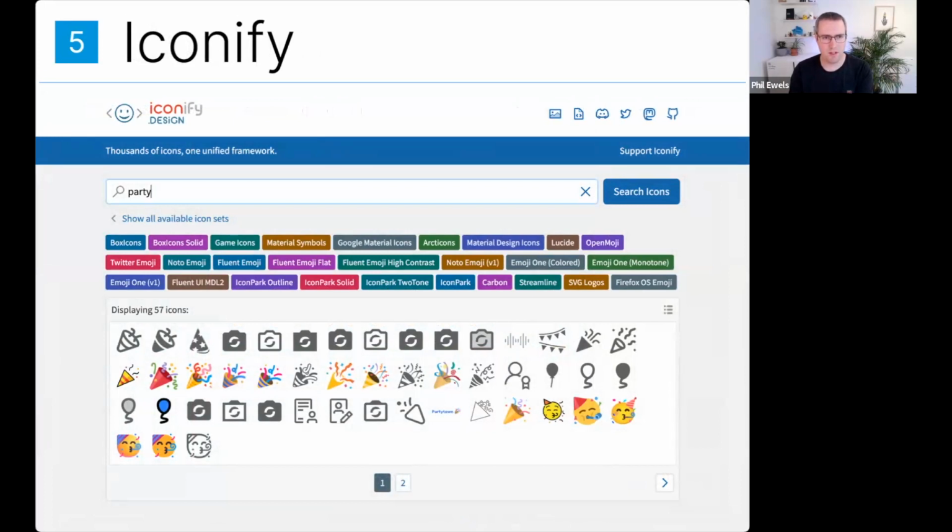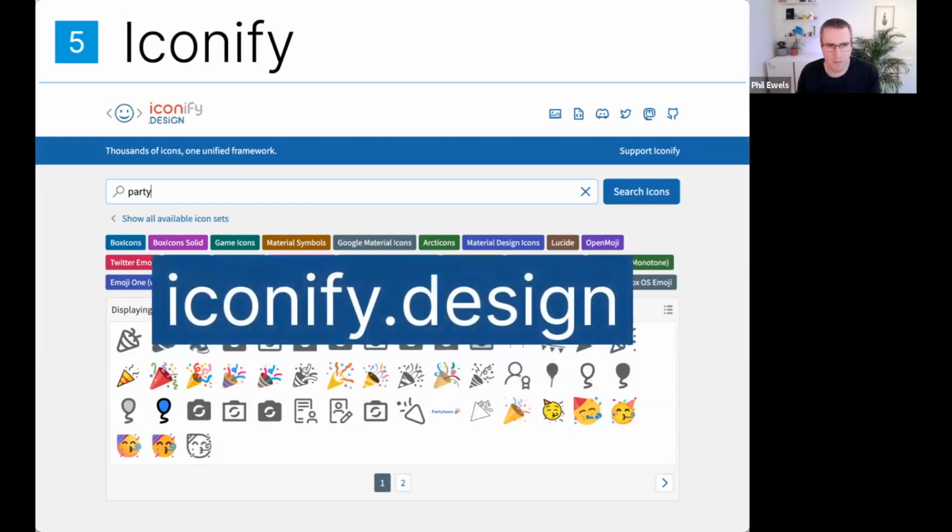Nowadays, I mostly use this website called Iconify, which is mostly for using icons in website design. But basically, it's a big collection of packs of icons, which are all open license. And you can just search and then get an SVG, which you can download and drop into PowerPoint or Illustrator or Inkscape. I don't know how many thousands there are, but there are very, very many icons to choose from.